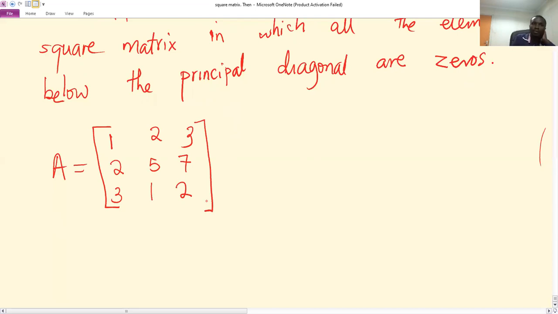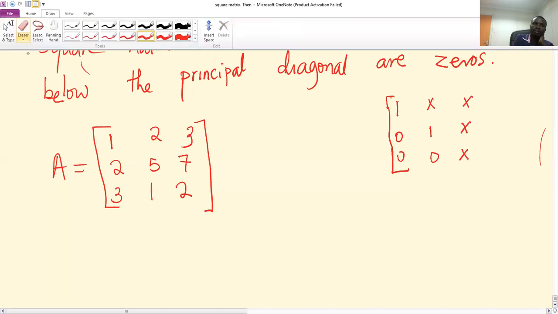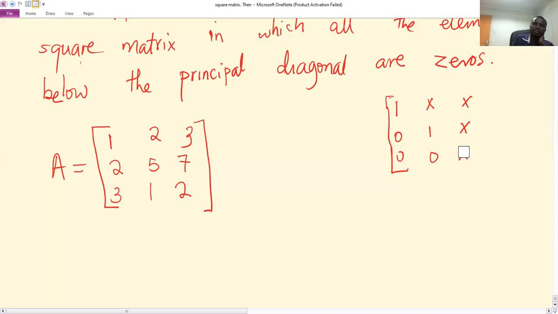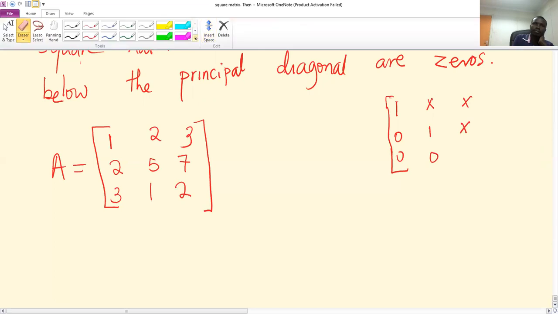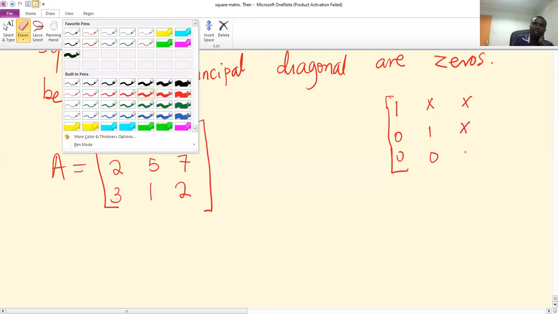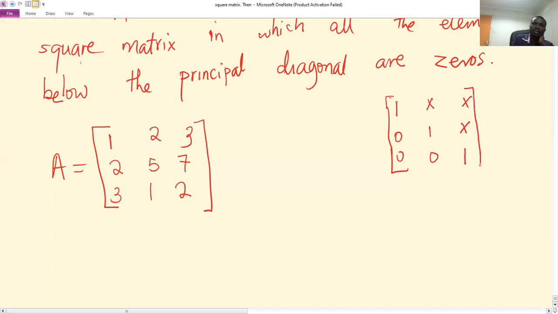To put this into echelon form, we expect to have this kind of pattern.